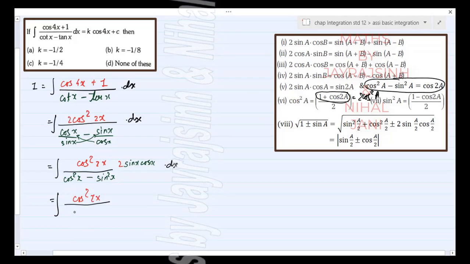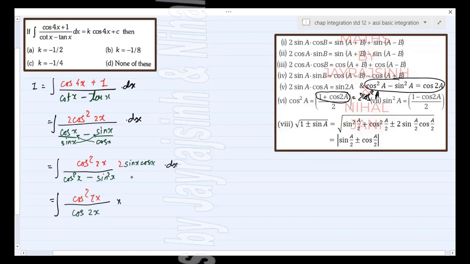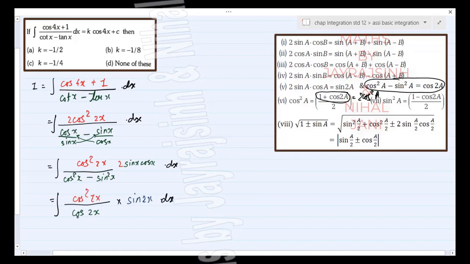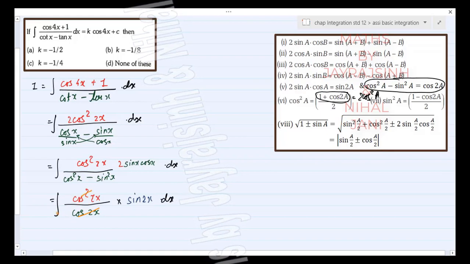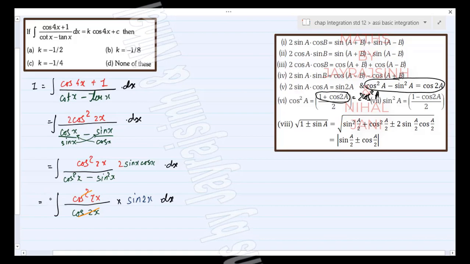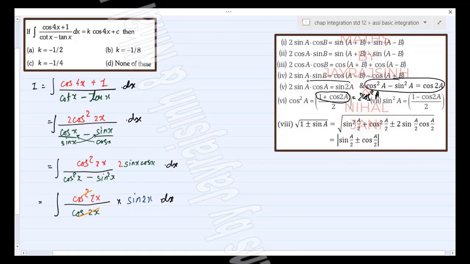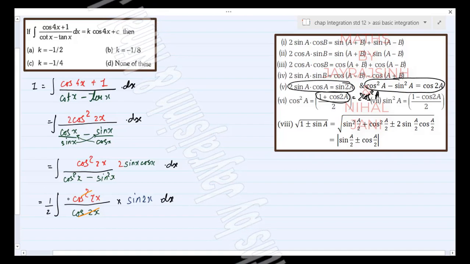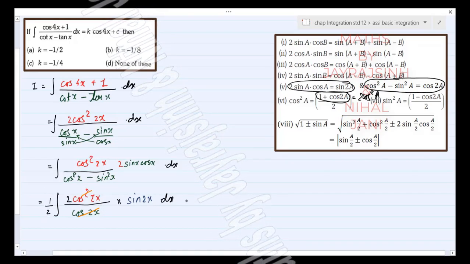So let's write down cos double the angle into 2 sin x cos x will convert into sin 2x dx. So here you can see 1 power of cos will cancel out and we'll get cos 2x into sin 2x, which can further simplify using the formula of sin 2a. And for that we will need 2. So let's multiply and divide by 2.